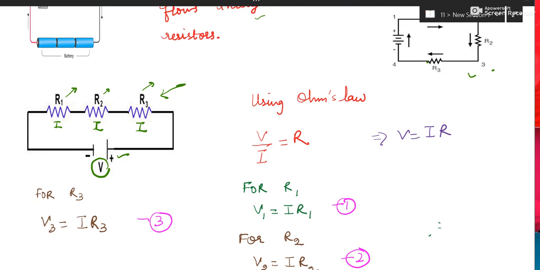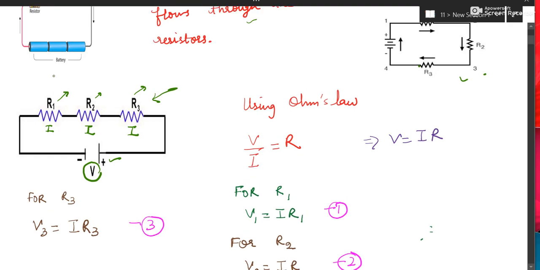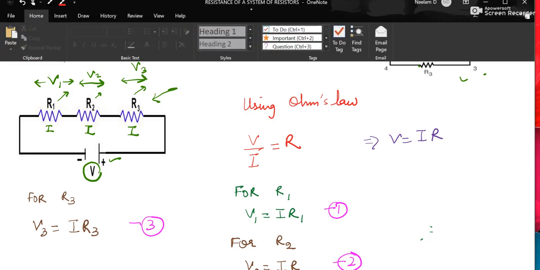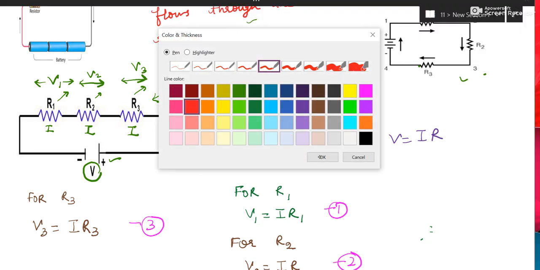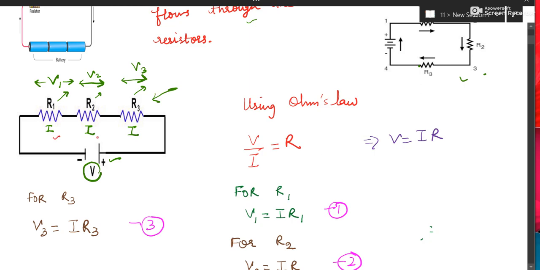So we have written I over each. Now, the potential difference of each will be different. It will be V1 across this. The potential difference across the second will be V2 and across the third will be V3. The potential difference will be different in series and the current will be the same. So you can see that I have written I on each, but the potential difference is different.